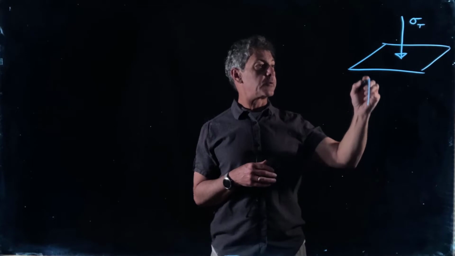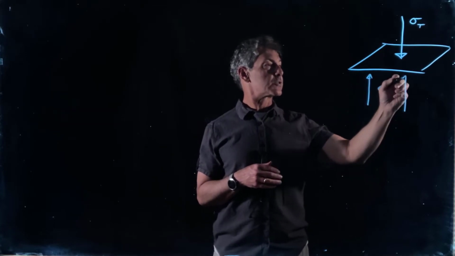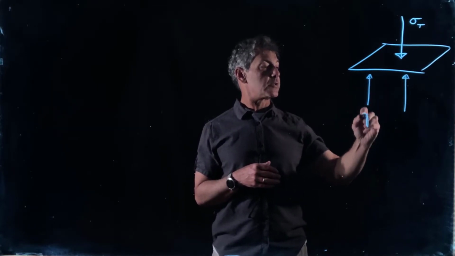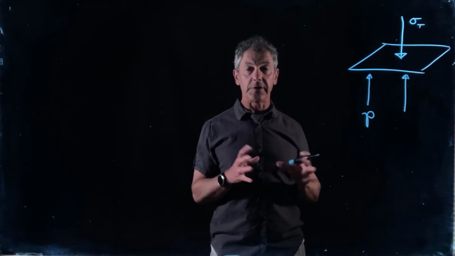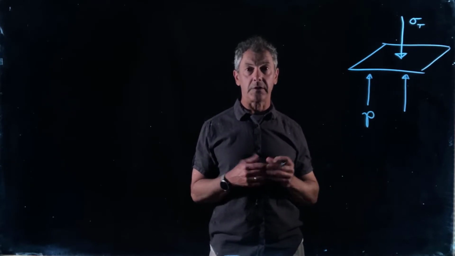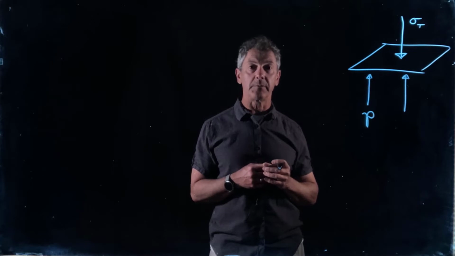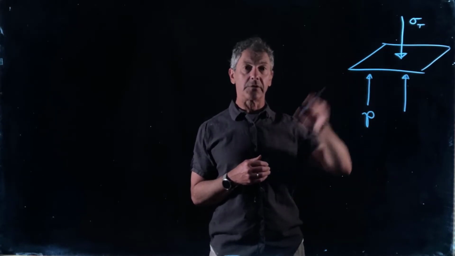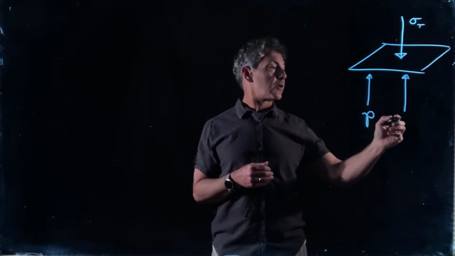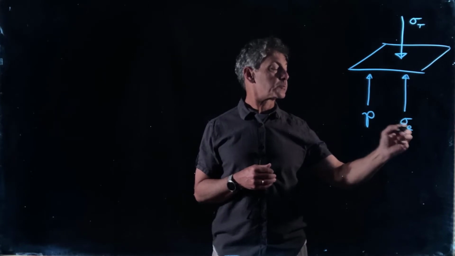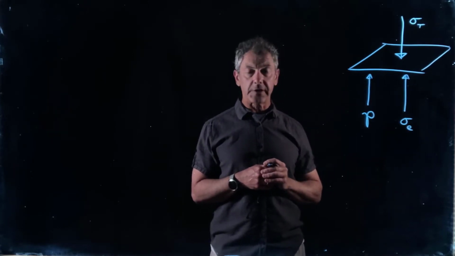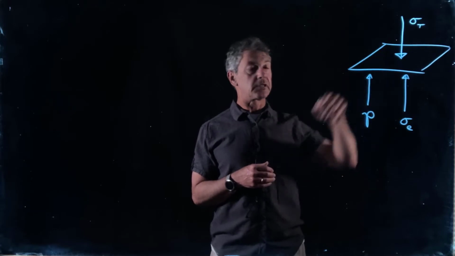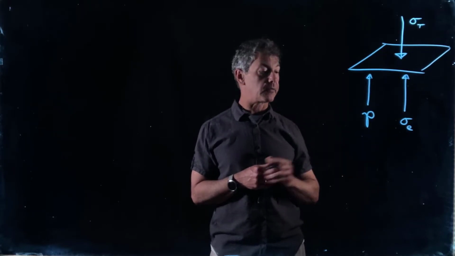Holding up this plane are two components. One is the pore pressure of the fluid that would be in a porous medium in which this plane is situated. The other is what we call effective stress. So these all take a little bit more explanation than the total stress above.